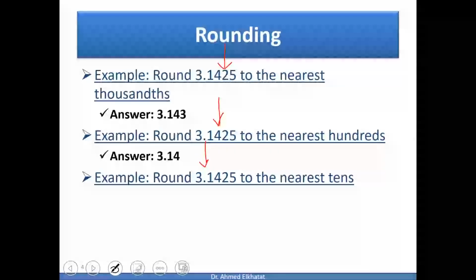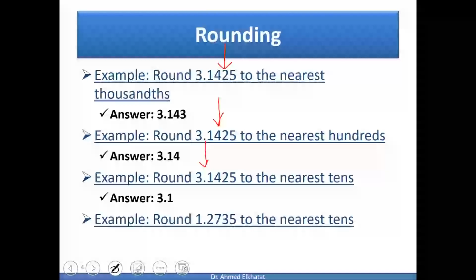Check 4. 4 is less than 5, so it should be 3.1. Perfect. Okay, let's take this example. Round this number to the nearest tenth. Check 7, it is larger than 5, so we can make it 1.3.